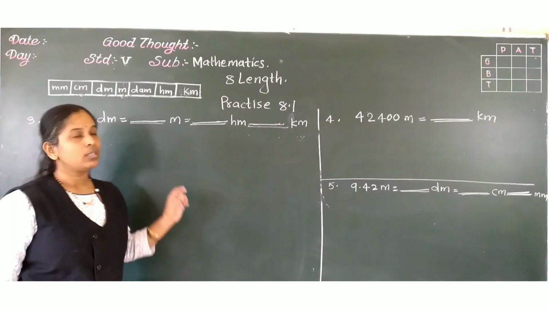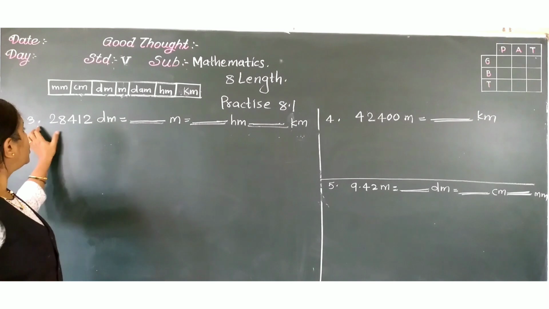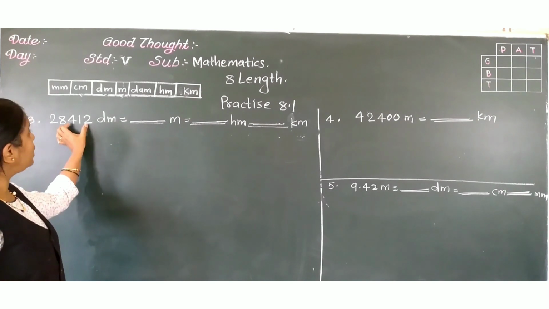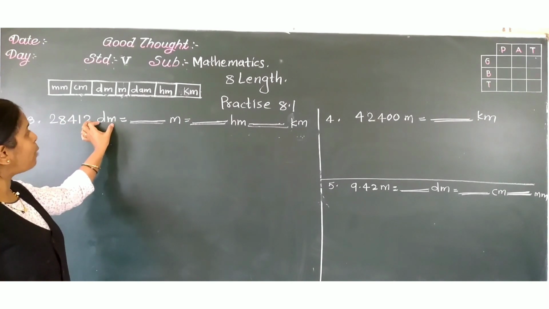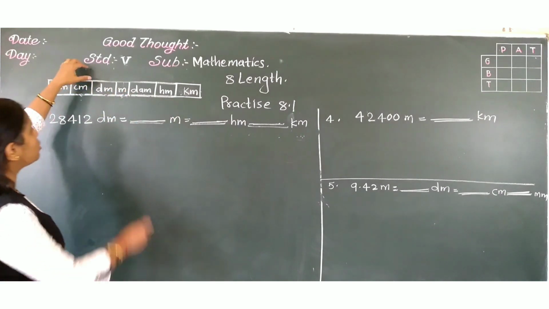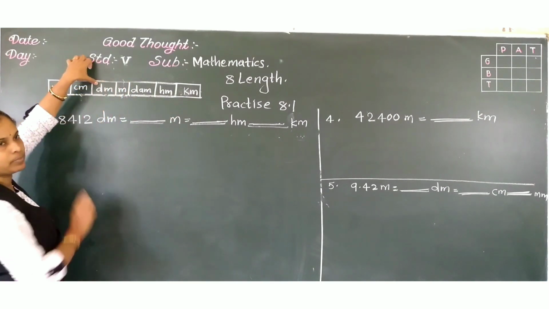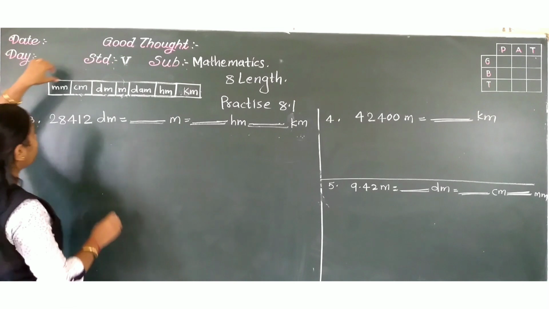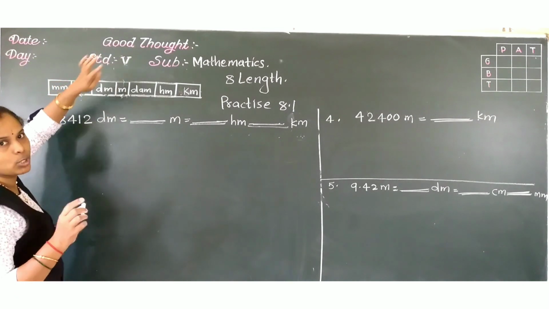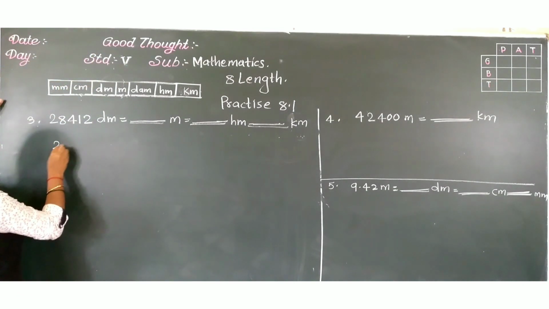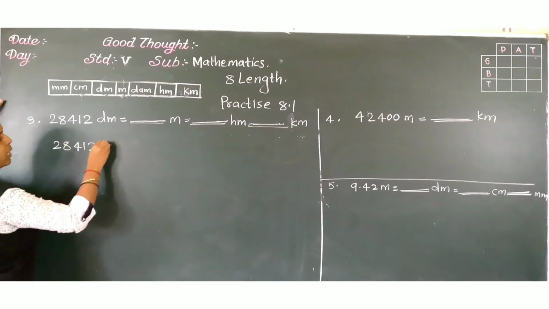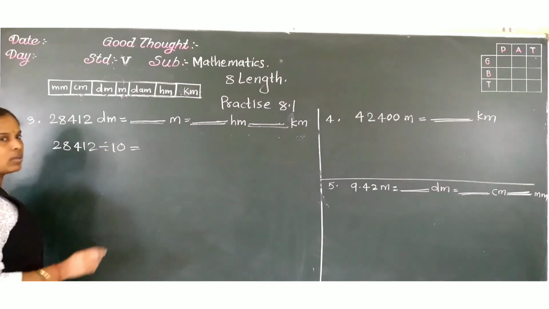Follow? Question number 3C. 28,412 decimeter we have to convert into meter. Now see, decimeter to meter means from smallest to biggest, so divided by, and only one step, so divided by 10. 28412 divided by 10. Again what we will do?